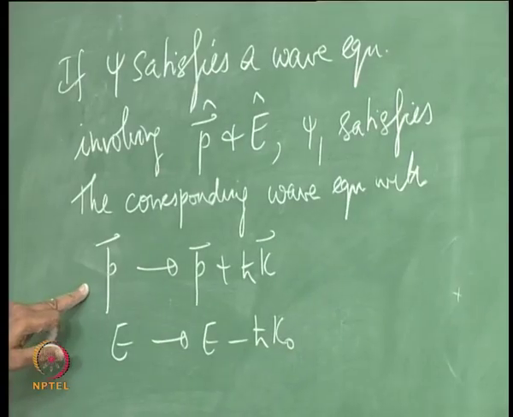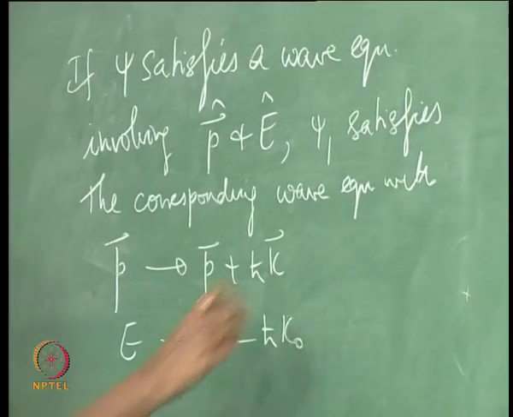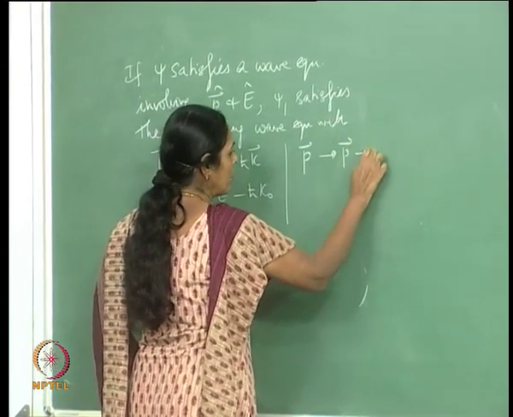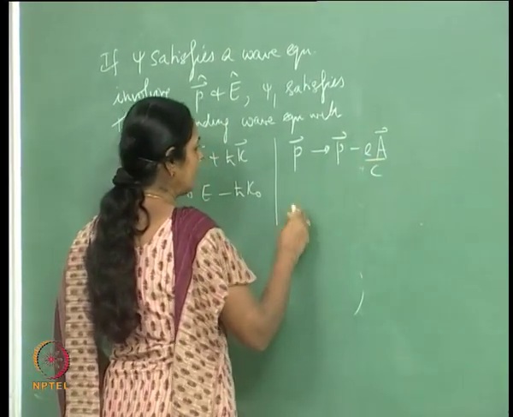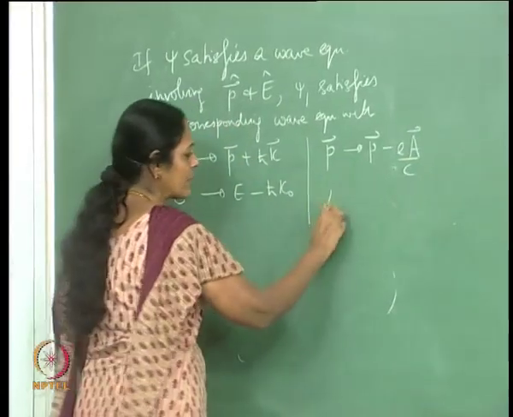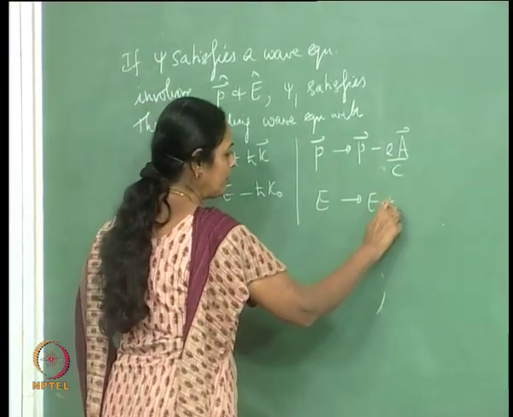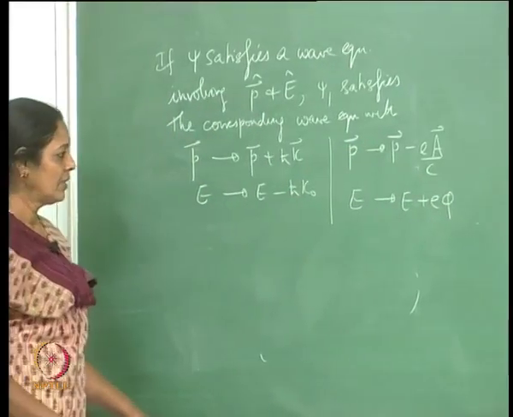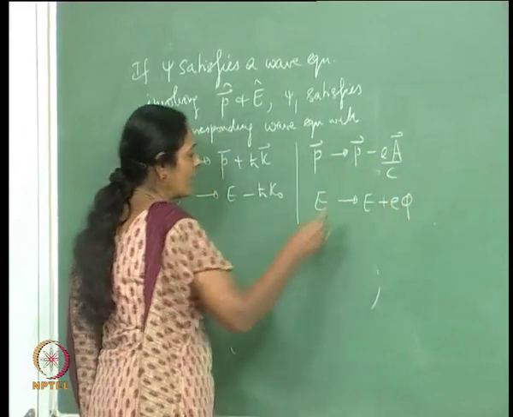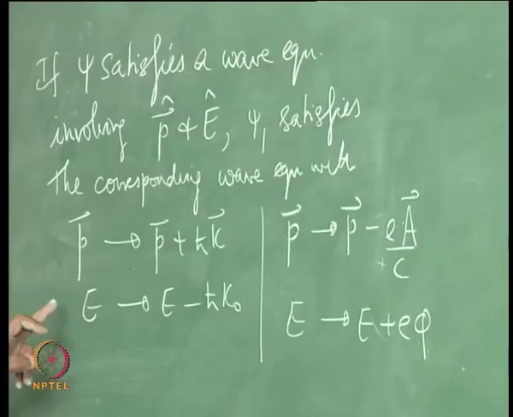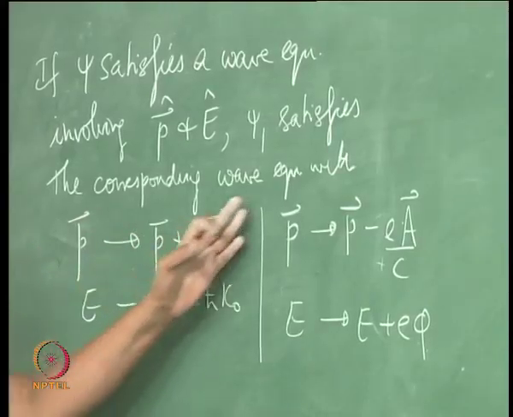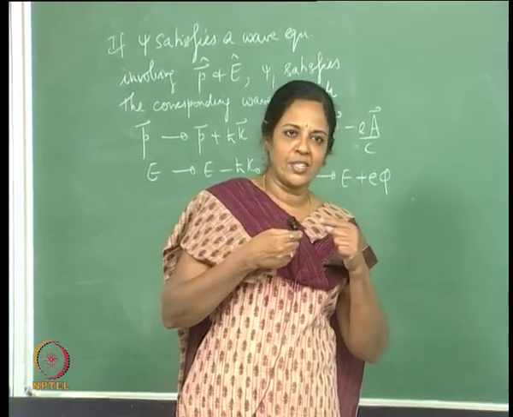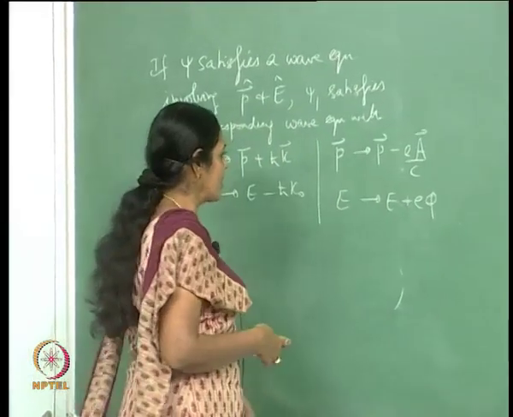The minimal coupling prescription was like this, except that if the vector potential was A, P was replaced by P minus eA by c, and E was correspondingly replaced with the scalar potential. So given a vector potential A and a scalar potential phi, this replacement is very reminiscent of what happens when a charged particle is put in the presence of a homogeneous magnetic field.